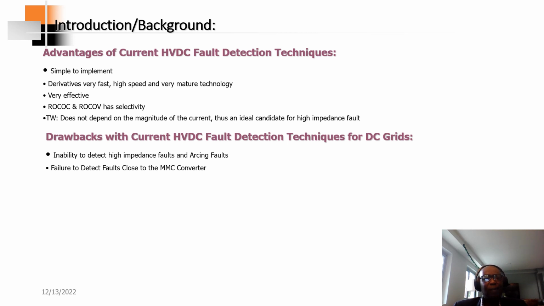Also, for faults that are very close to the MMC converter, it is very difficult for these current fault detection techniques to detect the faults. When there's a fault, we have the influence of transmission line and power system parameters, which are very dynamic, and this influence makes it very difficult for the current fault detection techniques to detect these DC faults.